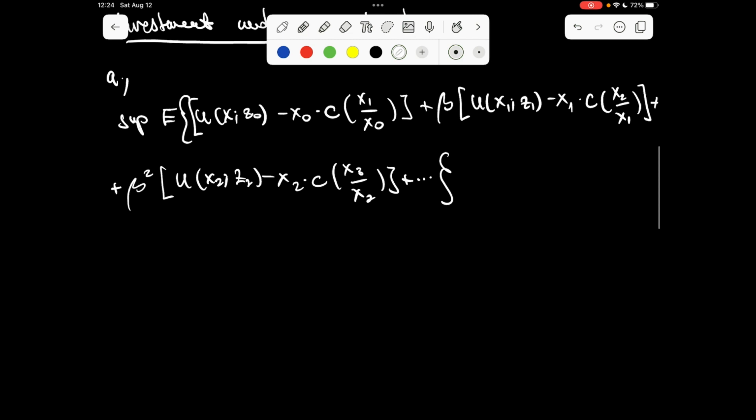So this is the expanded version of the supremum function, the sequential problem.